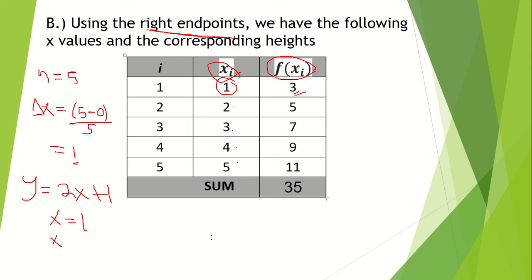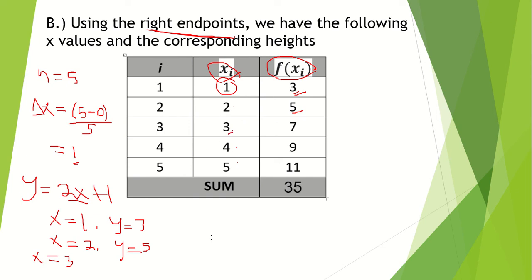Now if x is equal to 2, again substitute. So 2 times 2 is 4, plus 1 will give us 5. And if x is equal to 3, substitute to our function.